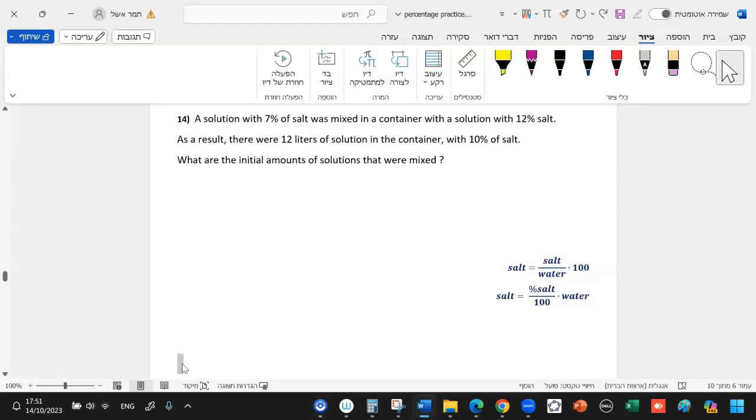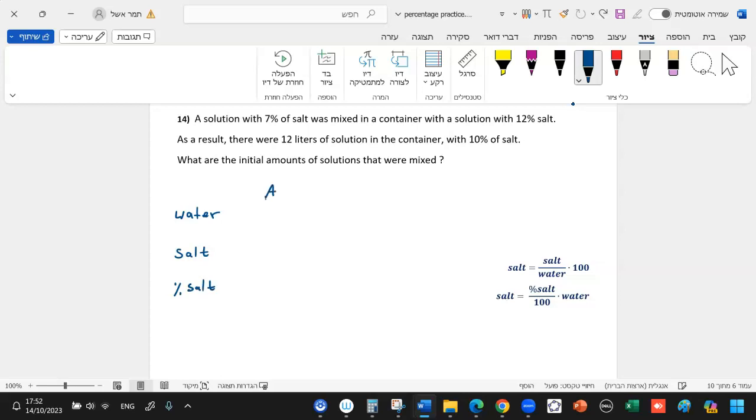So we had two solutions that were mixed together to get a new solution. Let's see, for each one of them we will have the amount of water and the amount of salt and the percentage of salt.